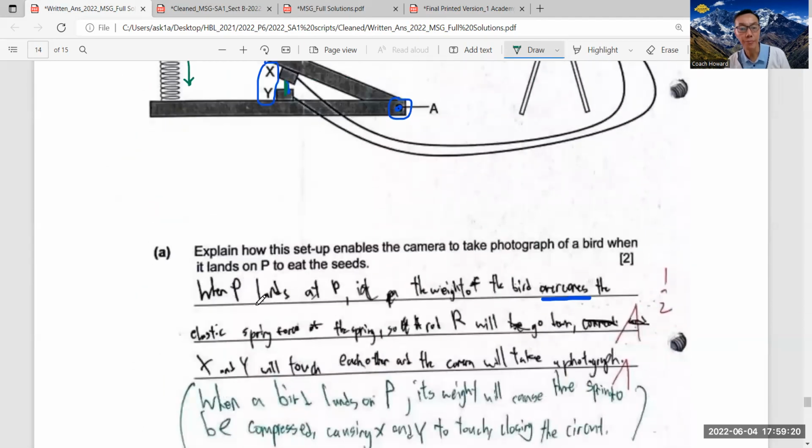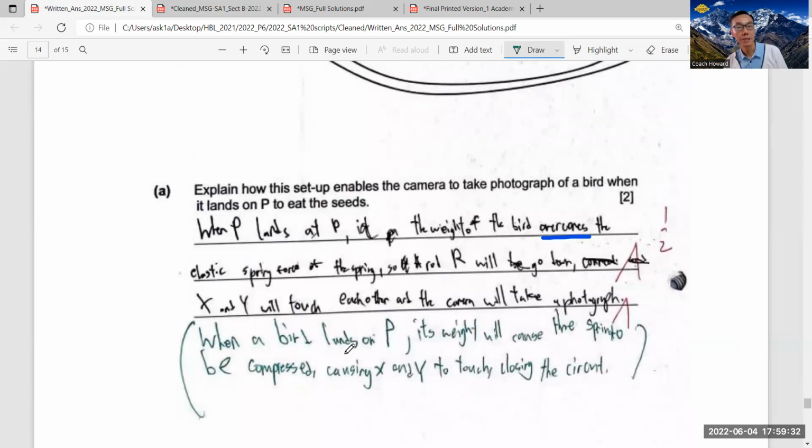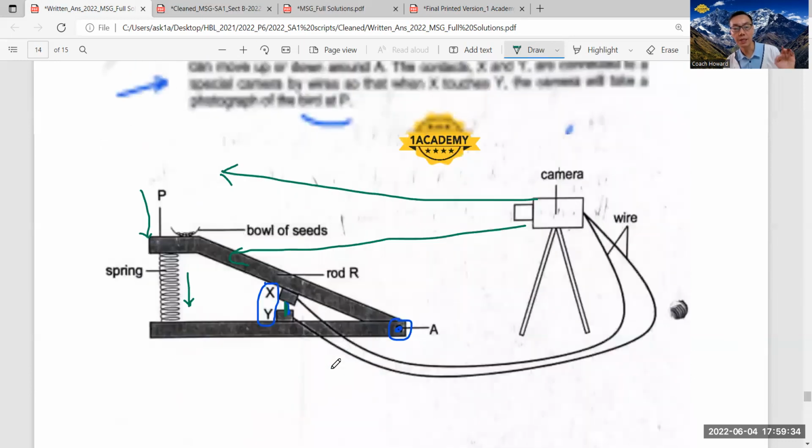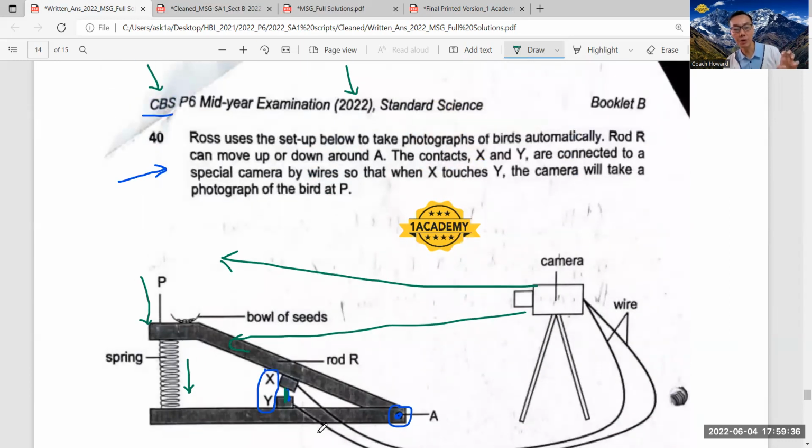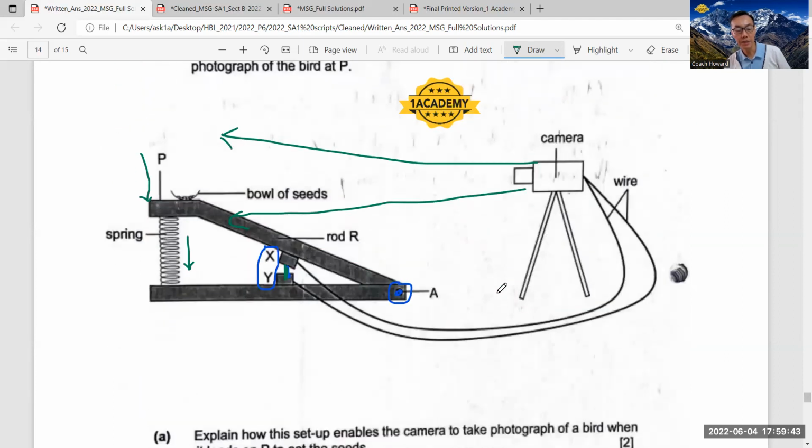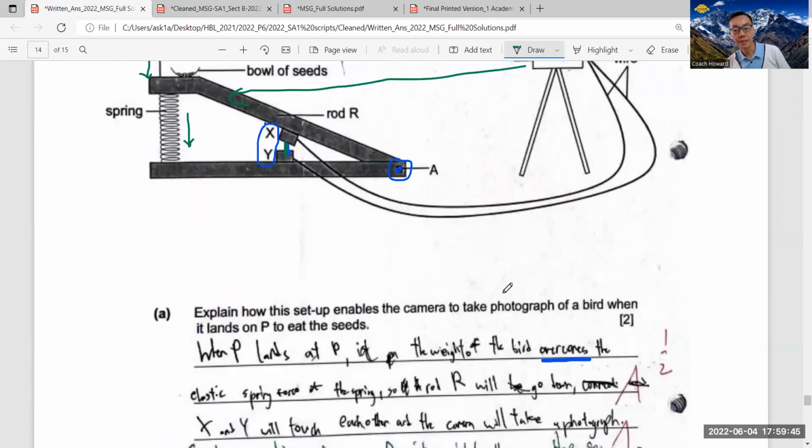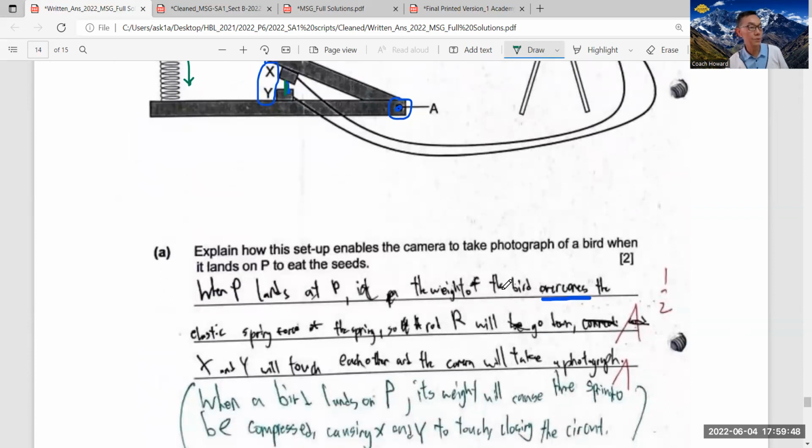He wrote, when the bird lands at P, the weight of the bird causes the spring to compress, causing the contacts X and Y to form a closed circuit. Electricity will pass through the camera, taking a photograph of the bird. If you take a look once more, just give me a second.